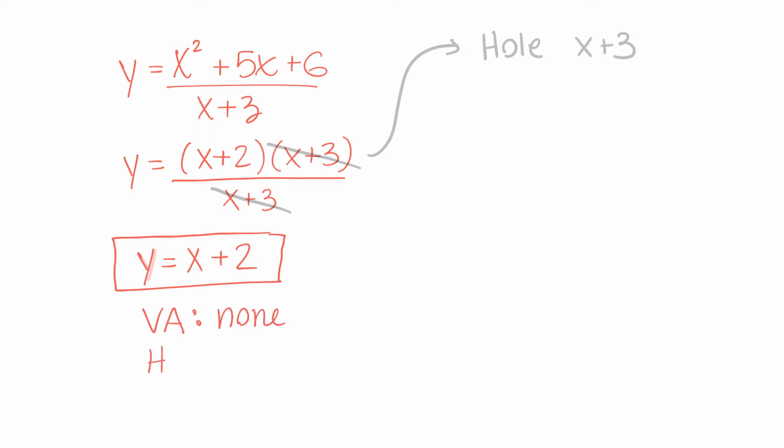Does it have a horizontal asymptote? It does not. There's, again, no rational function left. You're just left with a linear line, right? It's got a y-intercept at 2, slope of +1, so it's going to do this. That's drawn the wrong way, so somebody should probably fix that.